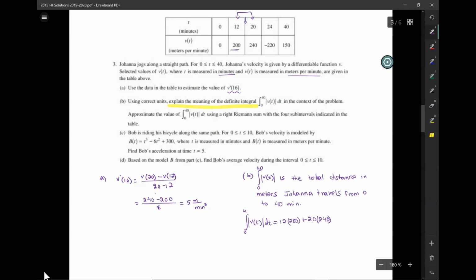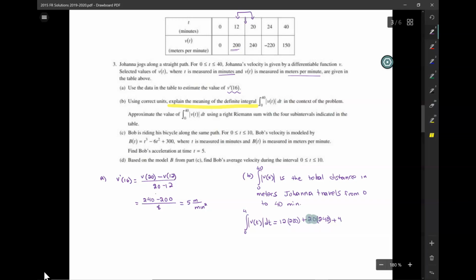Plus 4 times, now this is total distance, so that negative 220 has to switch to positive 220. That's the difference because it's absolute value. Actually, it shouldn't be 20, it should be 12 times 200, then 8 times 240.